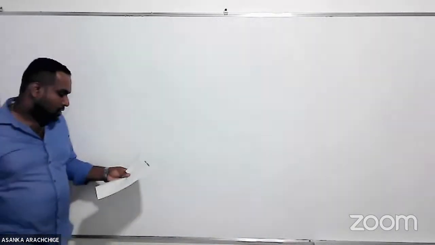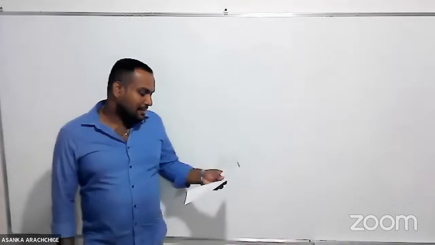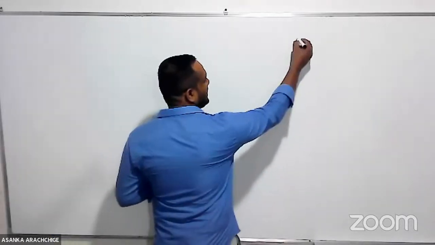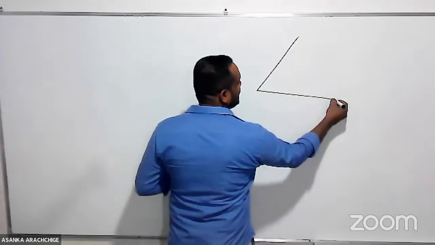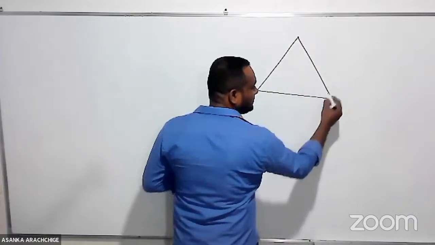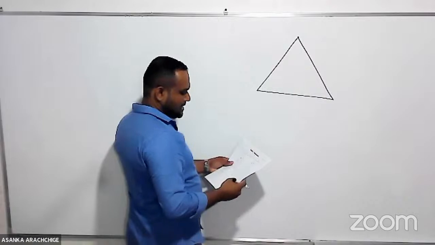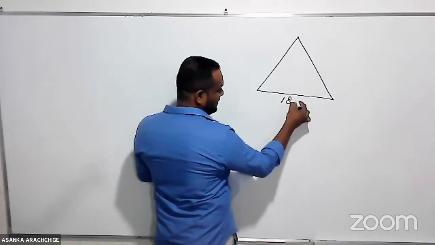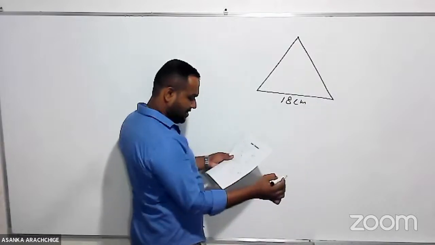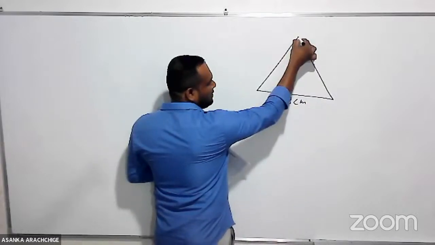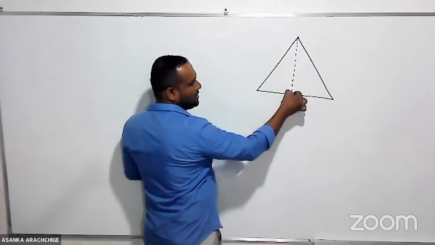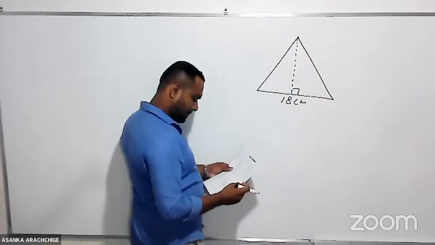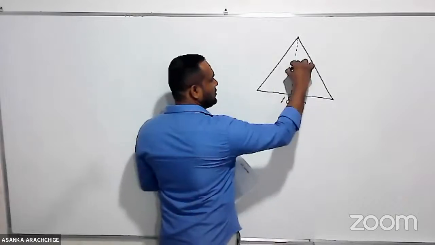Here, you can express the area of this triangle. This is an acute angle triangle. We are given the length of this side as 18 centimeters, with the length of the perpendicular drawn from this vertex to the level of the base given to be 20.